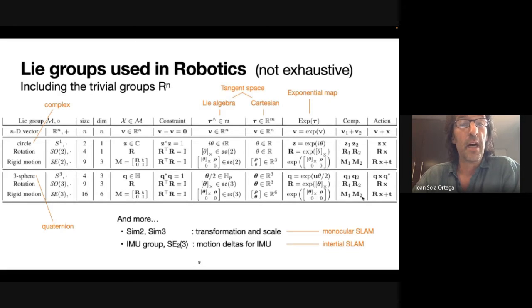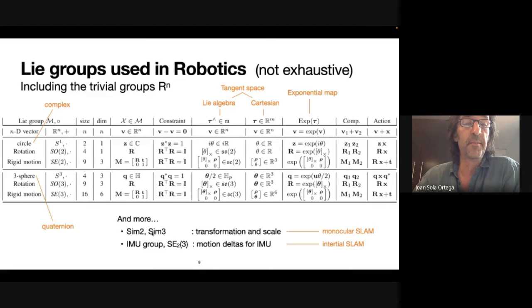All these groups are Lie groups, and they share a lot of properties. So if you understand these properties in an abstract form, immediately you understand all the groups. That's the power of this theory. In this table, I could have put more groups.